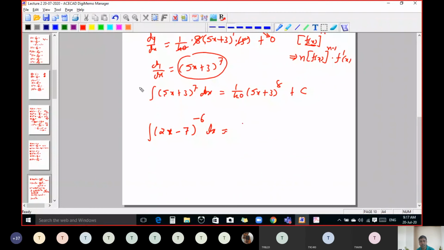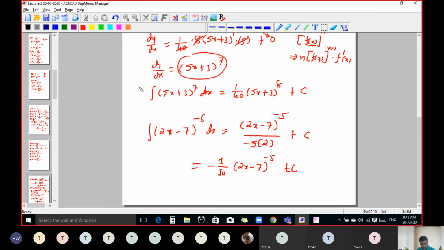The answer of that is (2x minus 7) whole raised to minus 6 plus 1, that is minus 5, divided by minus 5 into, you can write coefficient of x, that is 2, or you can write 2 into minus 5, it's one and the same thing, plus c. So the answer is minus 5 2s are 10, it is in denominator, so you can write minus 1 upon 10 into (2x minus 7) whole raised to minus 5 plus c.